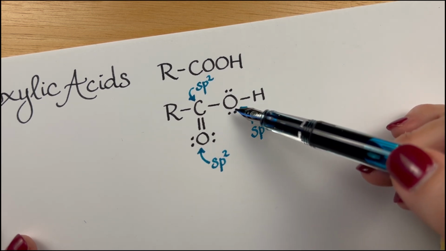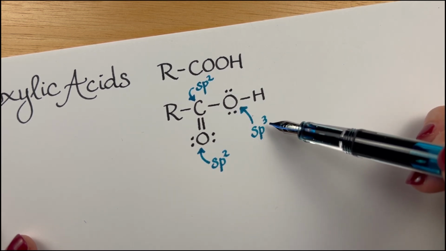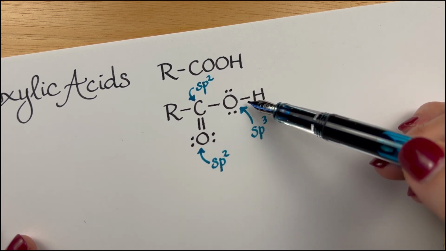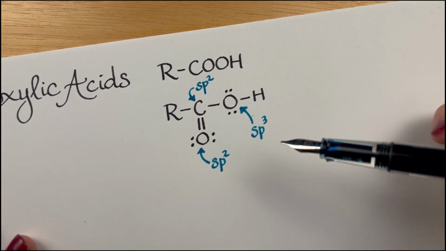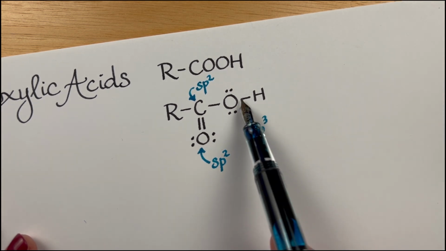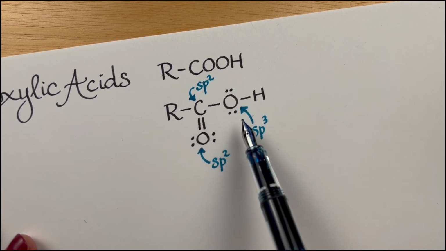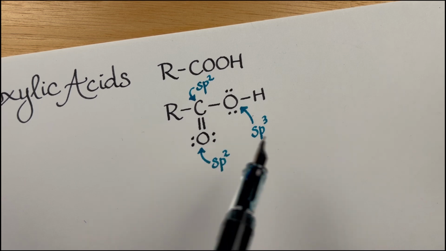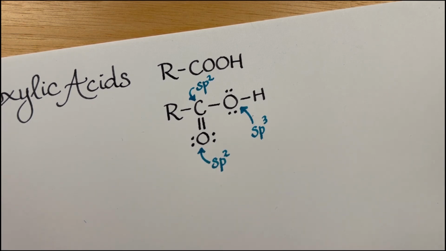This oxygen here, sp3 hybridized, so this bond angle is going to be 109.5 degrees. So let's redraw this structure here that depicts the bond angles a little bit more accurately.